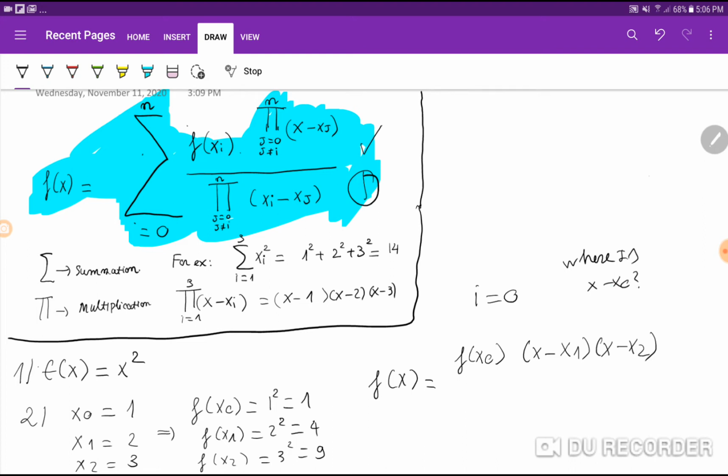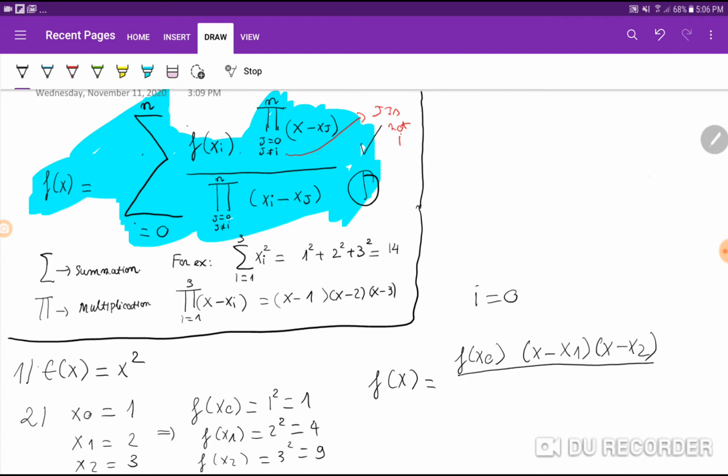The answer is you're not going to include x minus x0 in this case, because you see this formula right here, I say that j is not i, which means that any j that is similar to i must be excluded. So in this case, j equals 0 and i is 0, so j is similar to i, so you have to exclude it. So you're not going to include x minus x0.